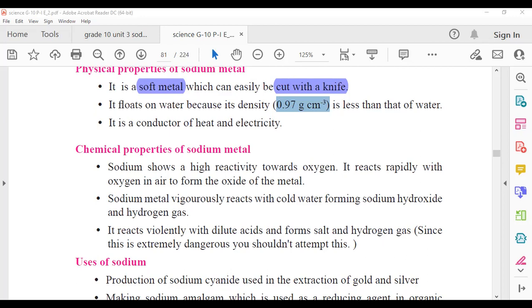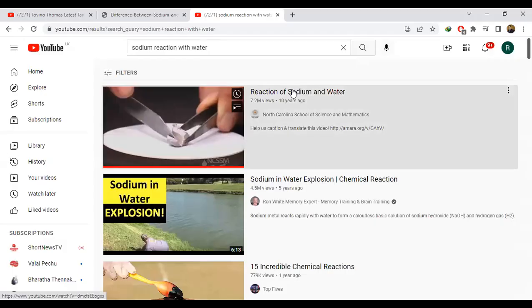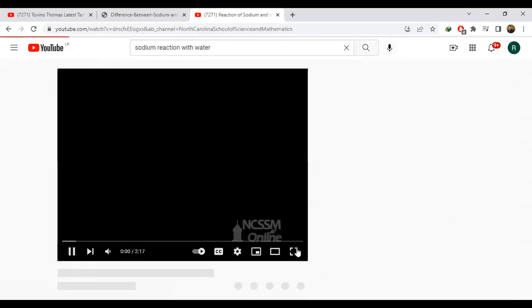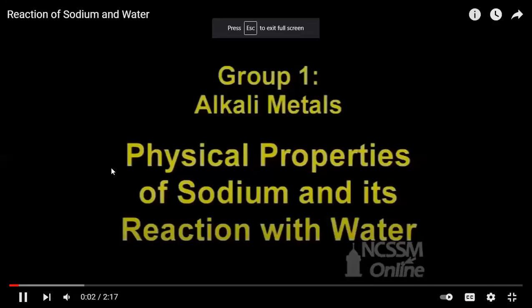It will be floating and reacting. I will show you a video of sodium reacting with water. You can see this video.